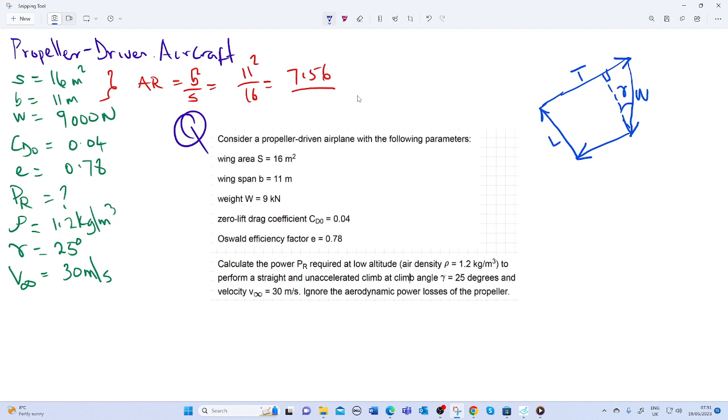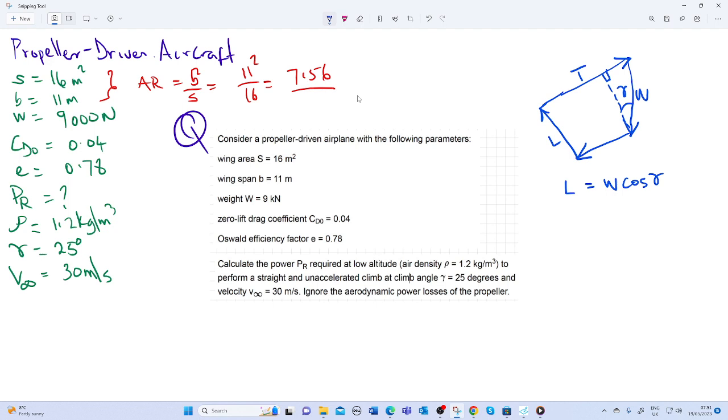Now we can deduce that for this particular straight, unaccelerated flight, our lift is going to be equal to the weight times cos gamma, which is the flight angle.